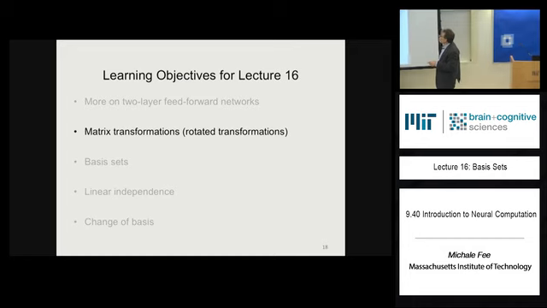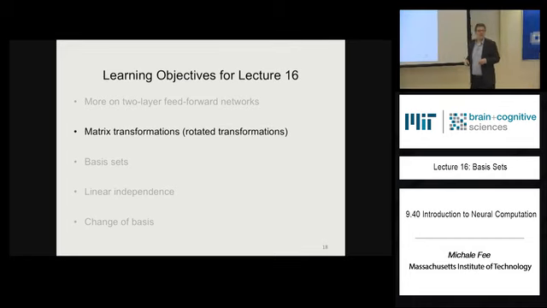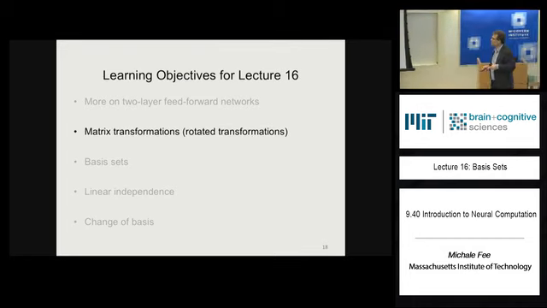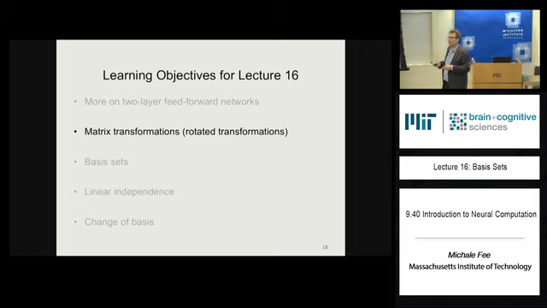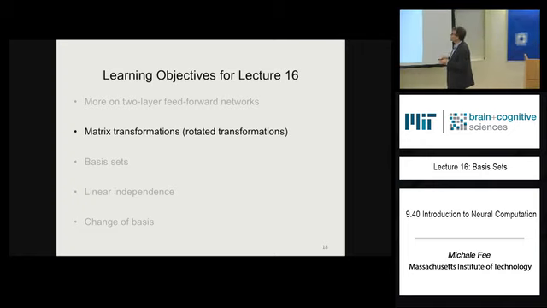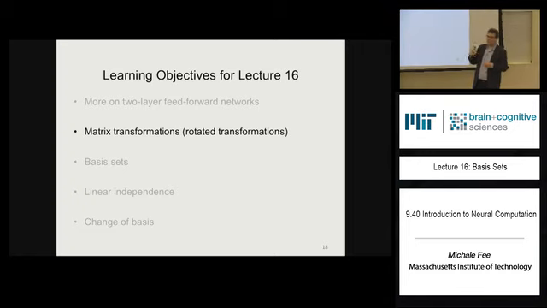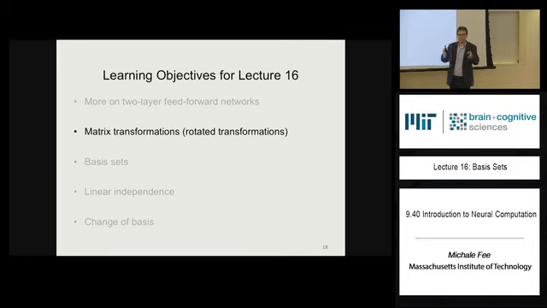All right. So let's come back to our matrix transformations and look in a little bit more detail at what kinds of transformations you can do with matrices. So we talked about how matrices can do stretch, compression, and rotation, and we're going to talk about a new kind of transformation that they can do.